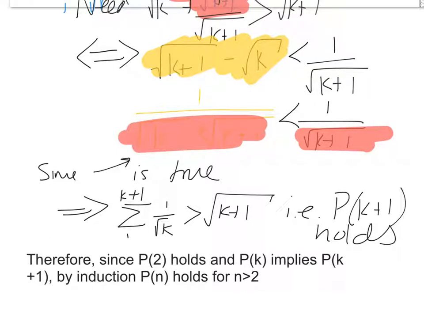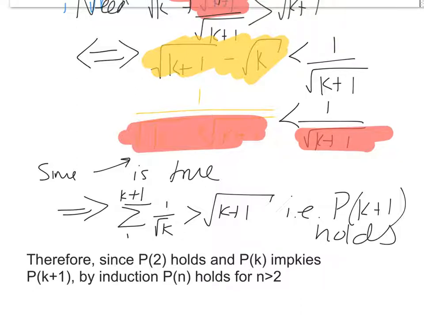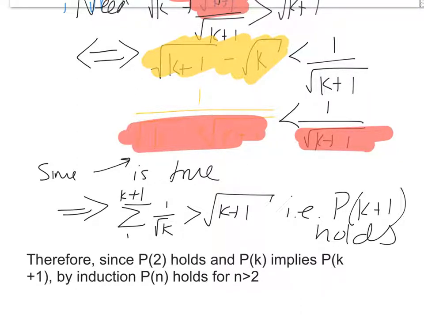Since P2 holds and P of k implies P of k plus 1, by induction, Pn is true for all n greater than or equal to 2.